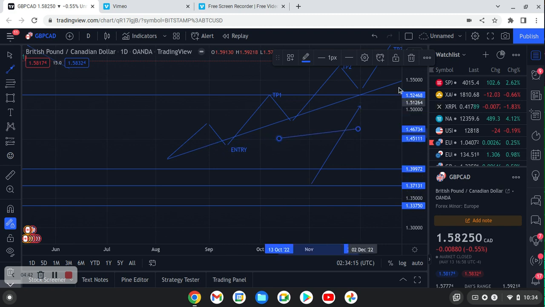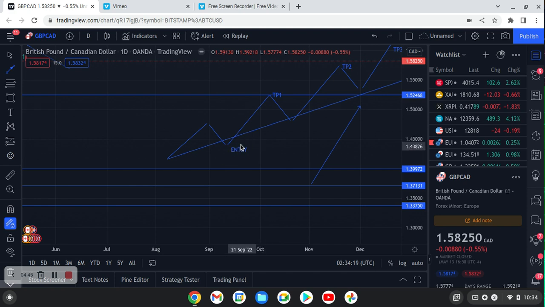So here was your first entry, but you ended up getting in again all the way down here. Now price is even past your first entry, even past your two entries down here. You are up a bag just from your TP1.